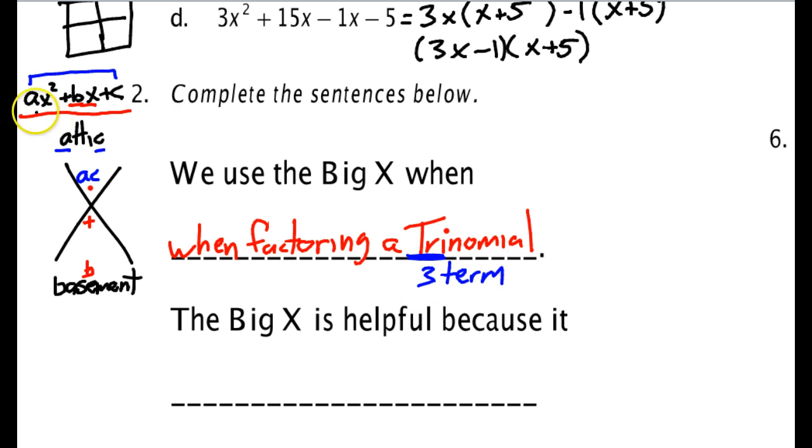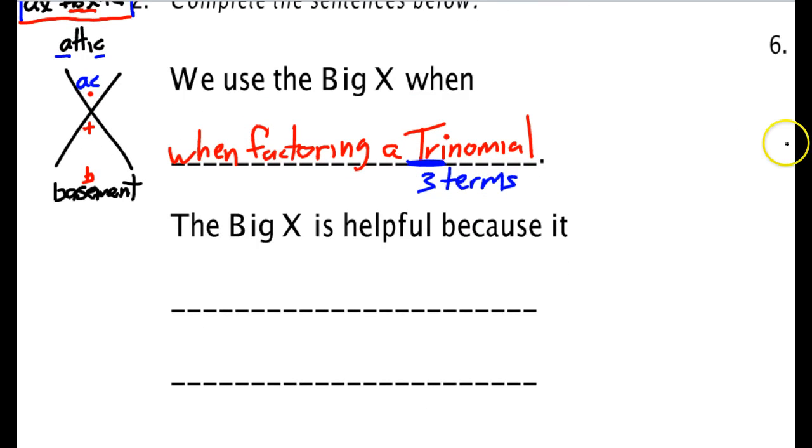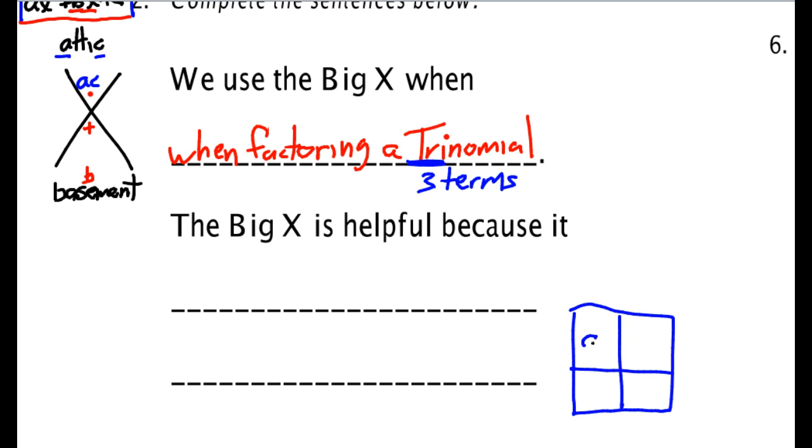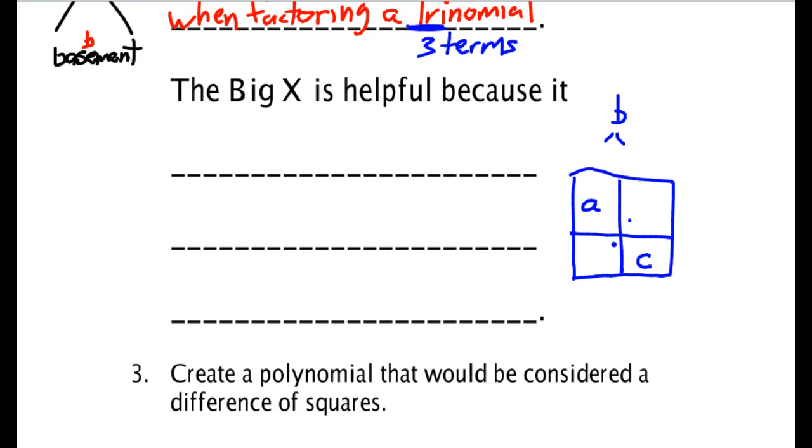This has the A term, the B term, and the C term, 3 terms. It's helpful because when using the box method, or actually any of the other methods, we usually put the A term here, the C term here, but our B term, we need to break it up into 2 parts to go here and here. So we use it to break it up, and that way we can use the box or some other methods and factor it. So it helps us factor trinomials.